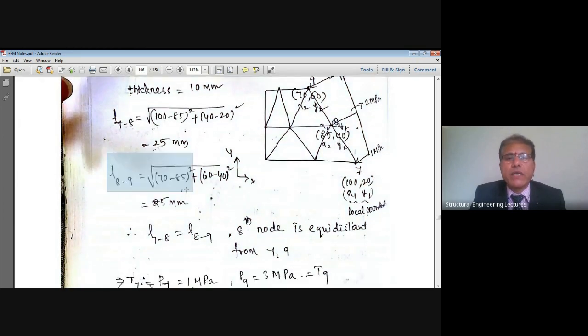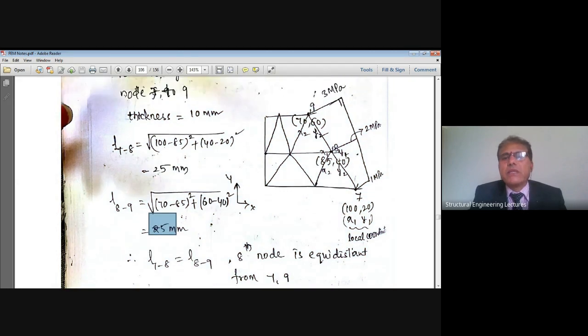The length of line 8 to 9 is the square root of (85 minus 70) whole square plus (60 minus 40) whole square, which is 25 mm. We can check that both lengths are equal, 25 and 25, which means that node 8 is the mid node of this inclined surface.